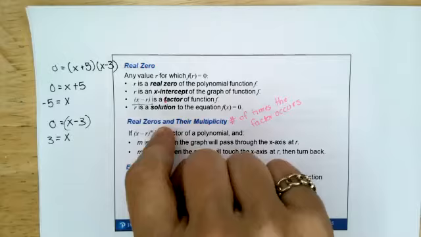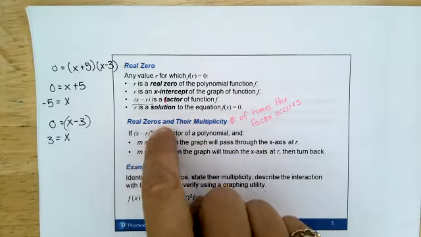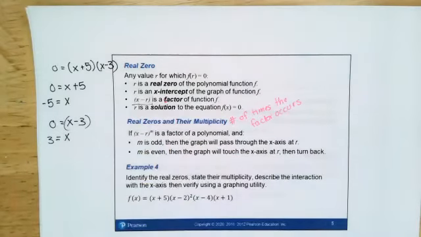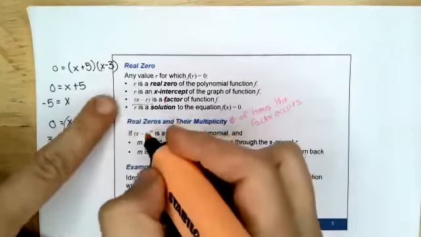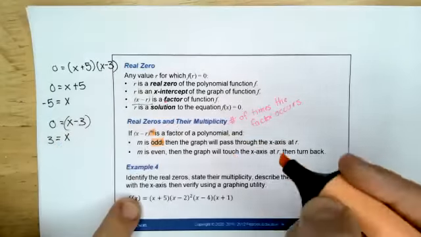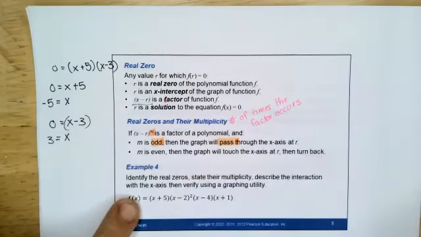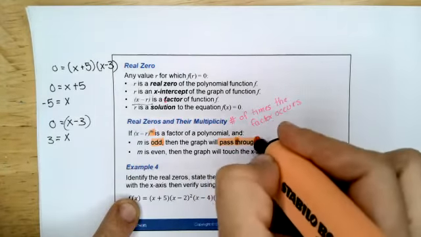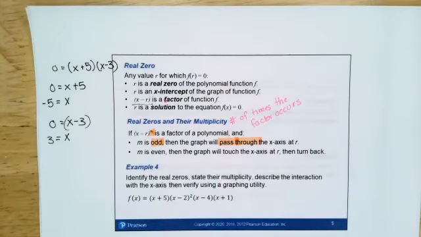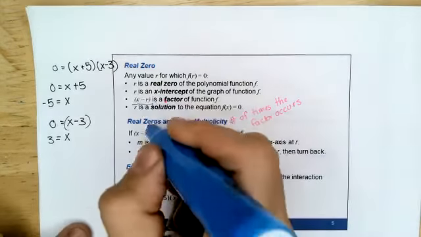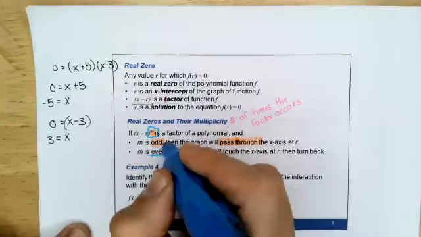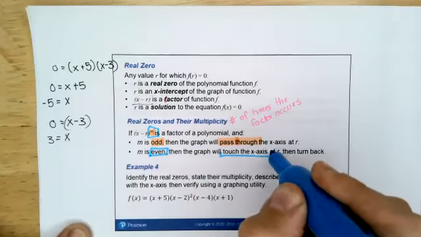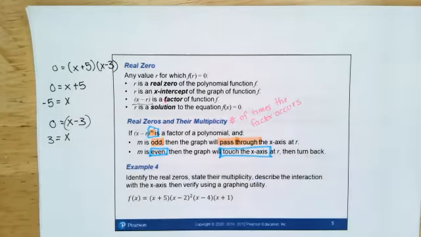That m, when m is odd, the graph will pass through the x-axis at that 0, right? We know it's an x-intercept. So if this number is odd, it passes through the x-axis. If that number is even, it will only touch the x-axis and then turn, touch and turn.